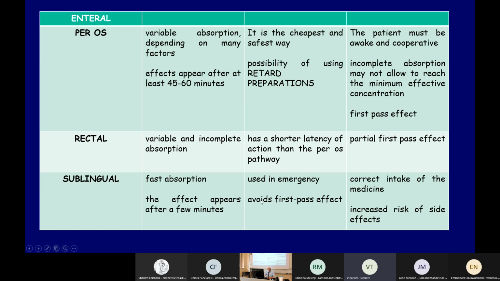In this case, you see, we avoid first pass effect. And so a massive concentration of your drug can reach the target.